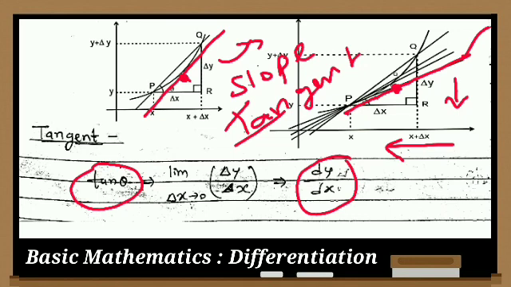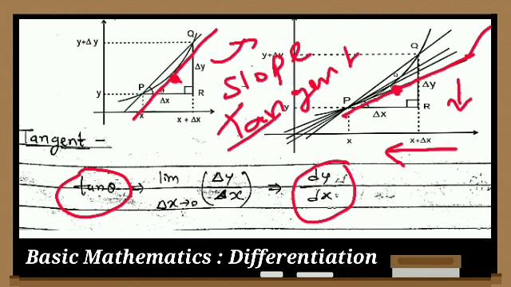So in the overall analysis, you can see how to find differentiation and what differentiation is. We can summarize that as we decrease the value of delta x towards 0, the value of delta y also decreases. As delta y decreases, the line moves in a downward direction and touches the curve at some point.